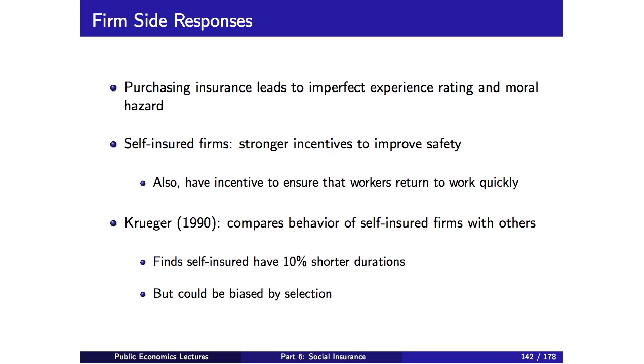Not totally clear, because the decision to self-insure is endogenous. Maybe it's the types of firms where injury risk is not that high, you're not in some very risky occupation, that choose to self-insure, and you're going to get this pattern, right? So I would say empirically, we don't really know how big these effects are, and we haven't had really compelling quasi-experimental analysis of this issue.